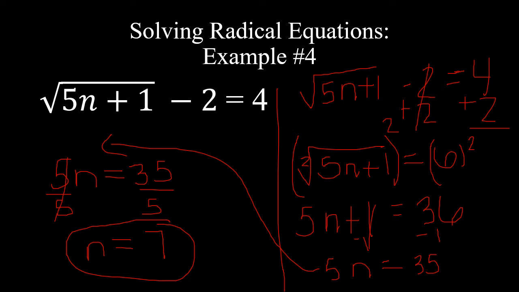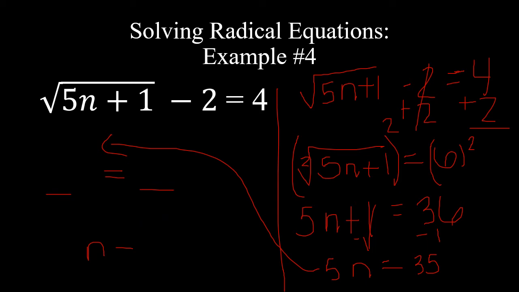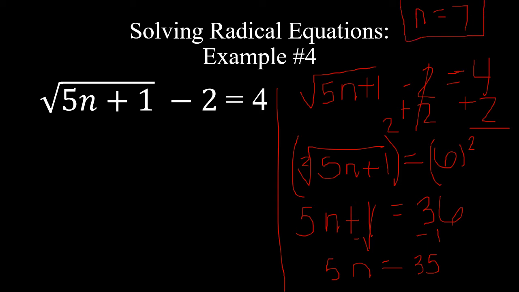We do have to go check, so I'm just going to erase some stuff so I can check this answer. We got that n equals 7. I'm going to write that up here so I don't lose track of it. Now everywhere we see an n, we're going to plug in 7.